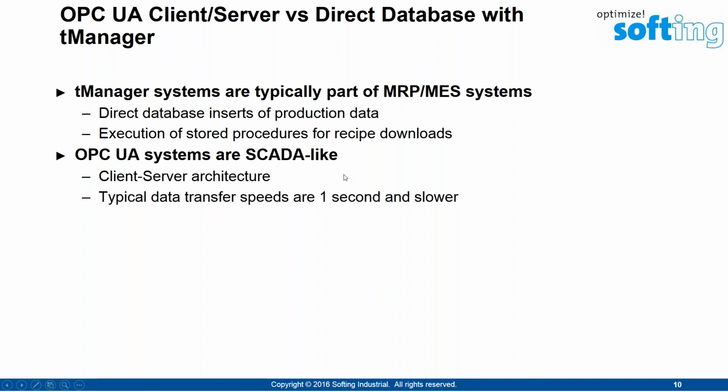So it's a client-server architecture in which you have a client that can subscribe to tags and read and/or write to them. Although the OPC Foundation is currently working on real-time data, currently typical data transfer speeds are 1 second or slower than that.